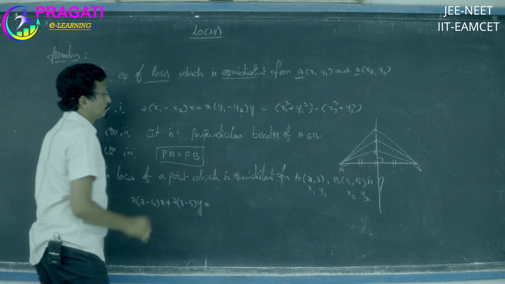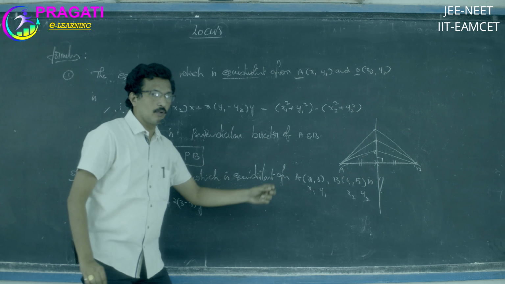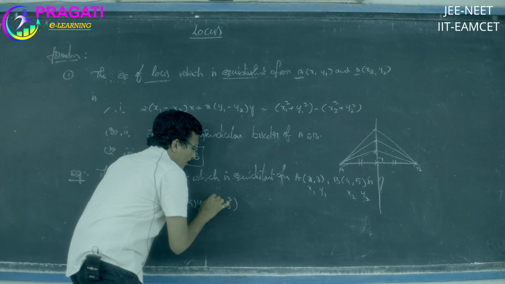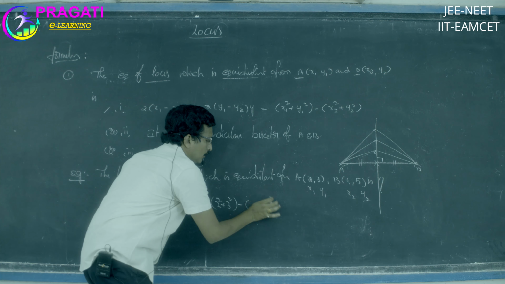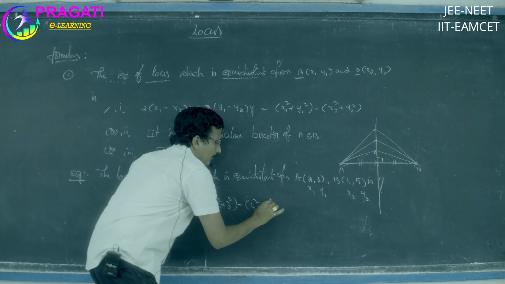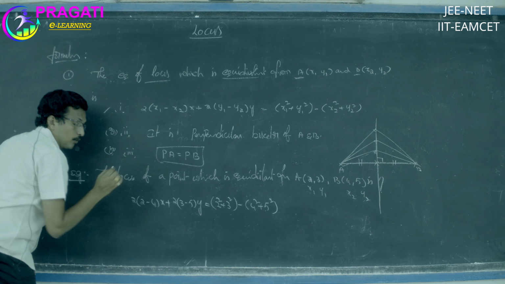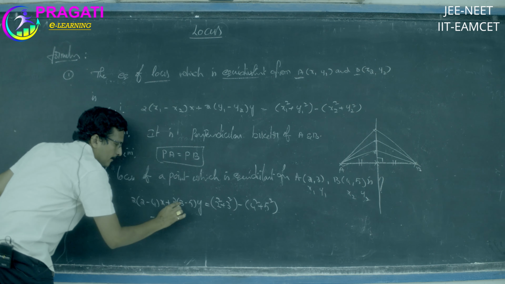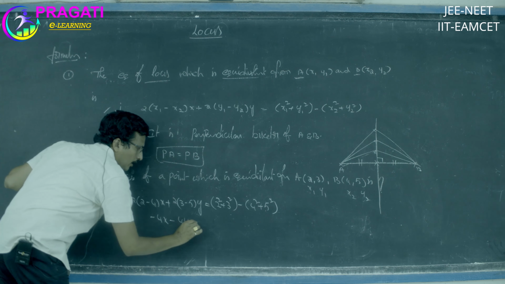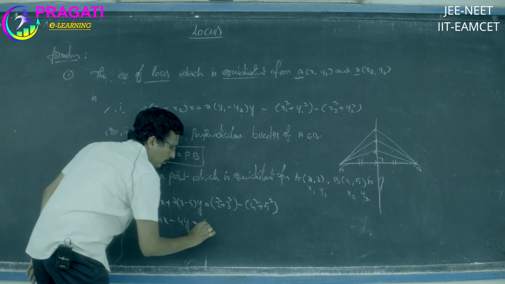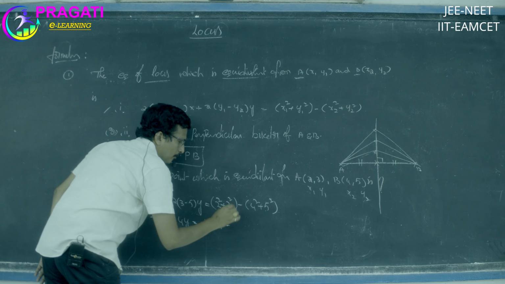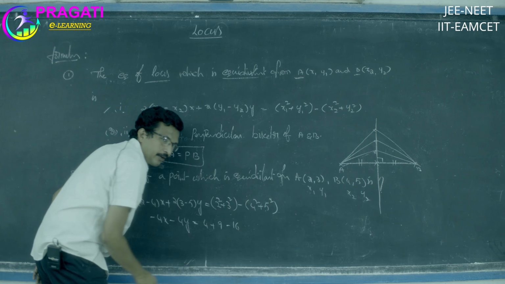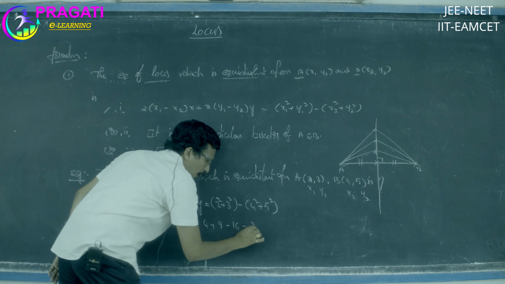is equal to x1 square plus y1 square. Here x1 square means 2 square plus 3 square minus 4 square plus 5 square. 2 into (2 minus 4) is minus 4x. Here similarly minus 4y is equal to 2 square means 4, plus 3 square means 9, minus 4 square means 16, minus 5 square means 25.